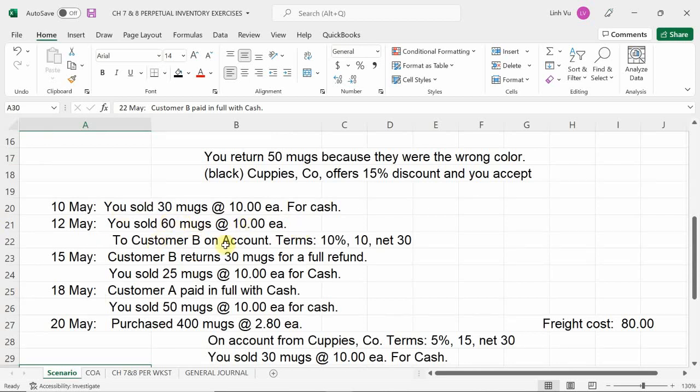However, customer B came back 3 days later and made a return of 30 mugs. So we refund him the full amount for the 30 mugs he's returning, and we need to look in our journal at what our actual adjustment is.